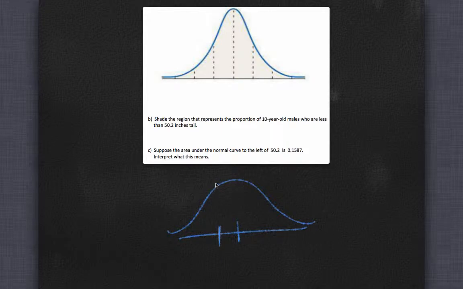So less than 50.2, take this and shade that all in, because less is to the left. Suppose the area under the normal curve to the left of 50.2 is 0.1587. What that means is that 0.1587 of all 10-year-old boys are shorter than 50.2 inches.